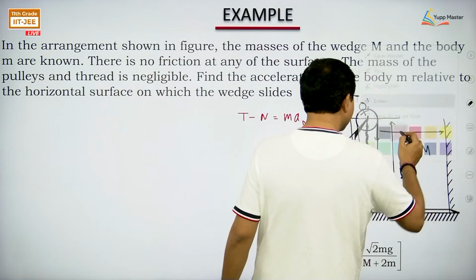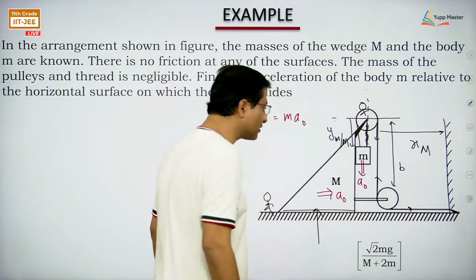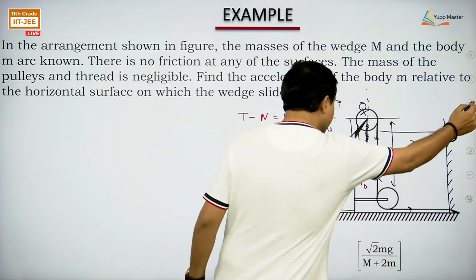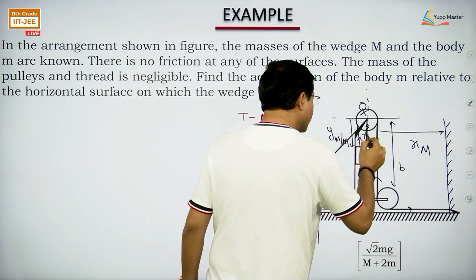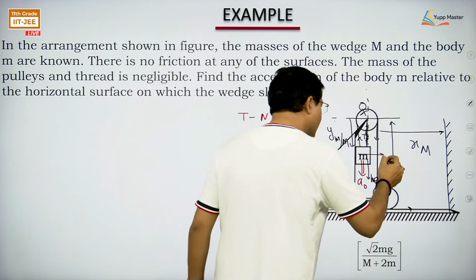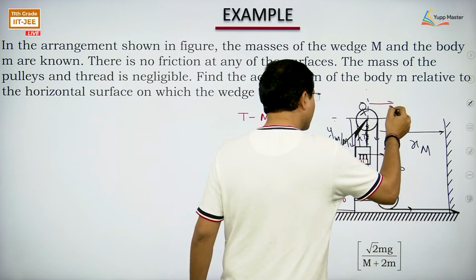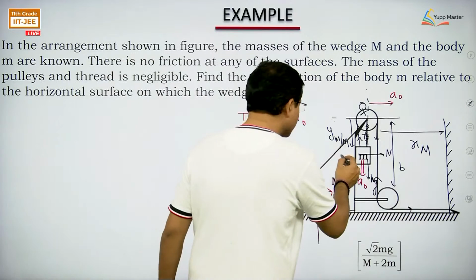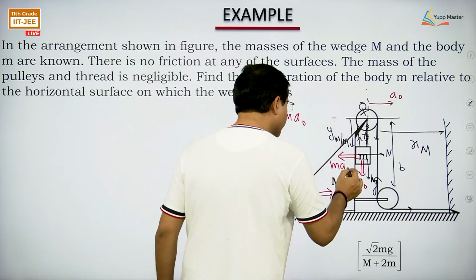That the block goes down with acceleration a naught, and the forces he is observing: tension T upward, mg downward, right, normal in this direction, and as his frame is non-inertial, he is on the wedge which is accelerating with a naught, he will add a pseudo force in this direction on the block, that is ma naught.